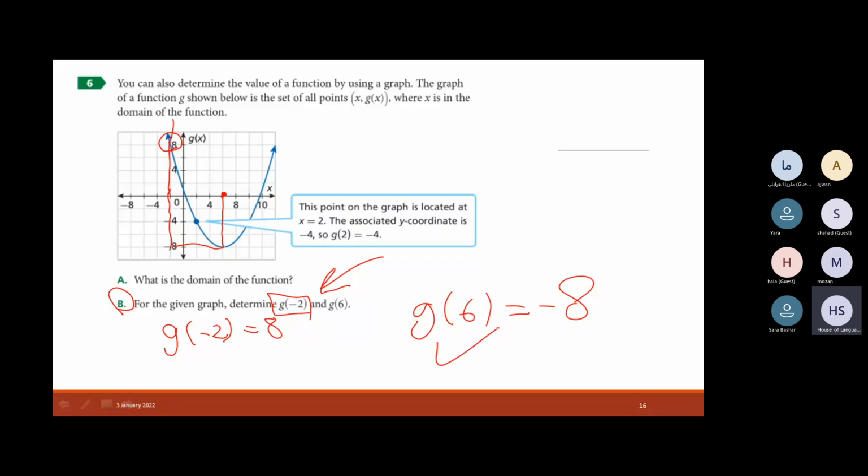But if I ask you about f of 9, on the graph, f of 9 equals what? Negative 5.